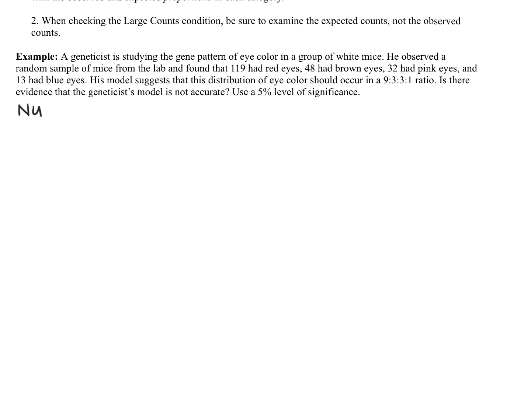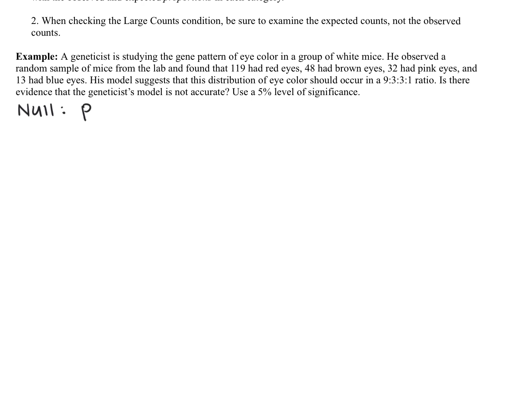So our null hypothesis is going to be that our proportions are equal to what's stated. To convert a ratio to proportions, you add your numbers together. So 9 plus 3 plus 3 plus 1 is 16. So all of those numbers get put over 16.